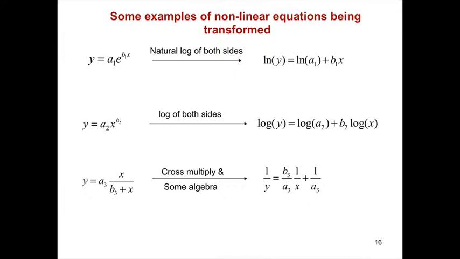So basically, if I'm assuming that my data, or the law that fits it well, is in the form of y is equal to a2 x to b2. So I'm looking for a2 and b2. I don't know what they are, but I'm assuming that that fits my data well.